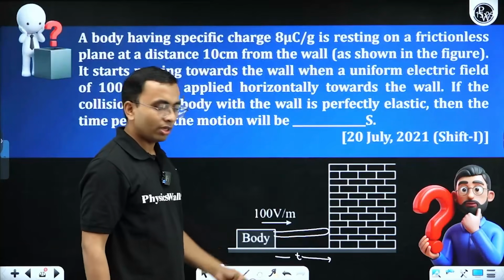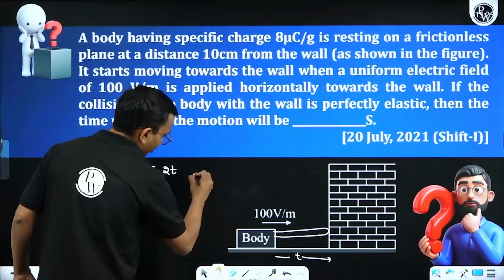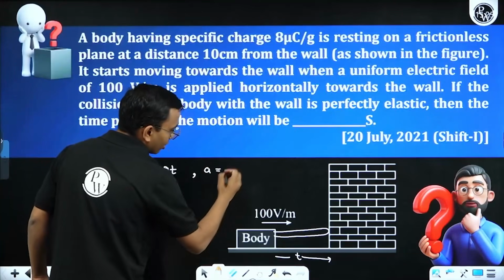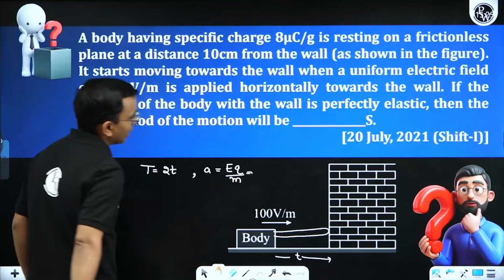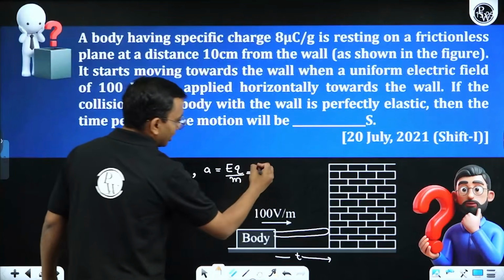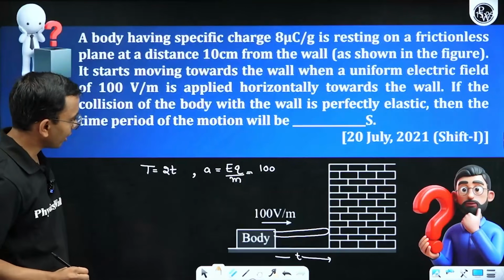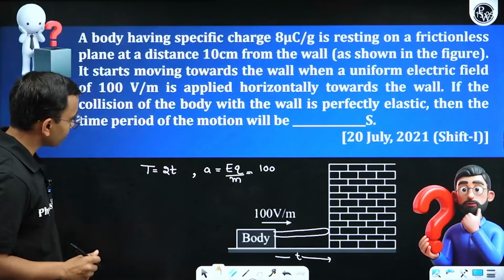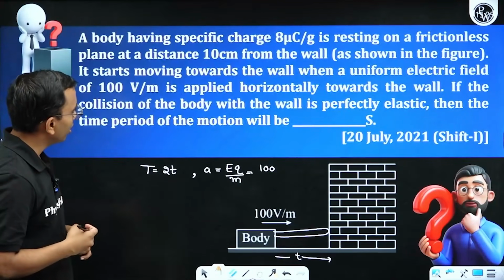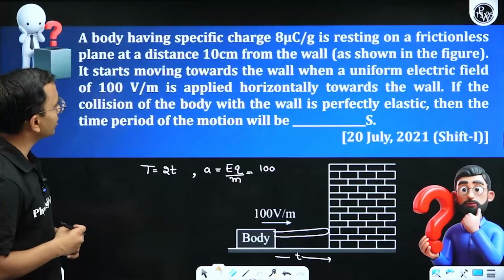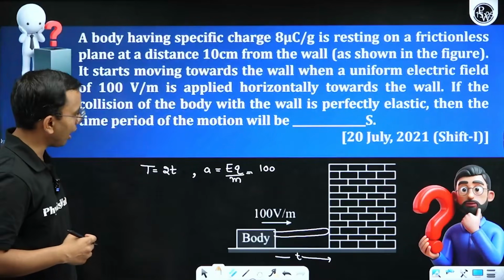Initial velocity is known, acceleration we can find, from there we can write the time. What is acceleration? Force, that is eq divided by m. Electric field is 100 volt per meter. And what is q? q by m is given, specific charge, that is 8 microcoulomb per gram.